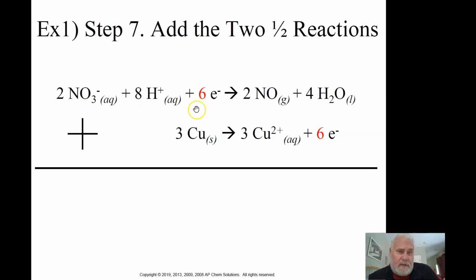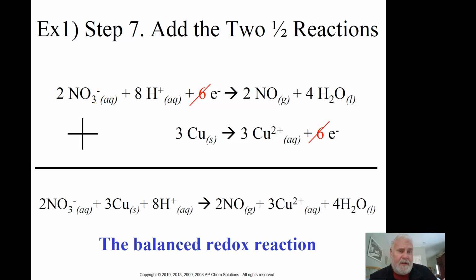So there's the reduction, there's the oxidation, and oftentimes there'll be more than just the electrons that will cancel out, but in this case, boom, 6 electrons cancel out. You have the reduction and oxidation, the gain and loss of electrons is equal.